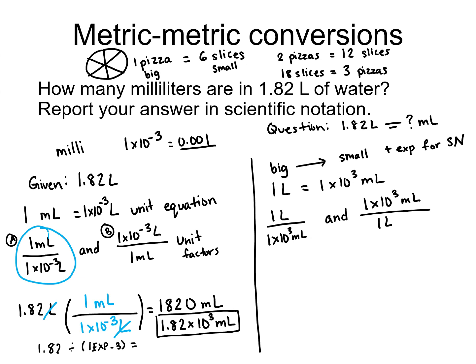Why did we divide 1.82 instead of multiplying? So it's just because of how this first one was set up. If you have a number in the bottom, then you divide.